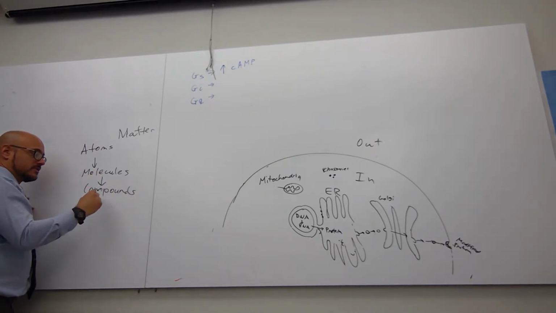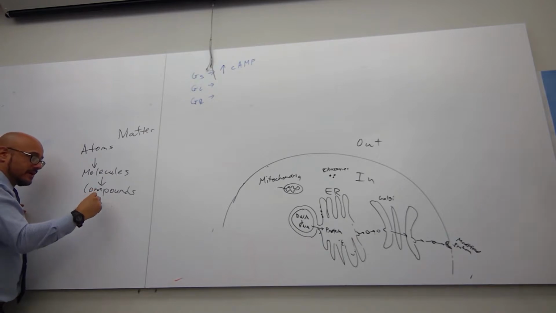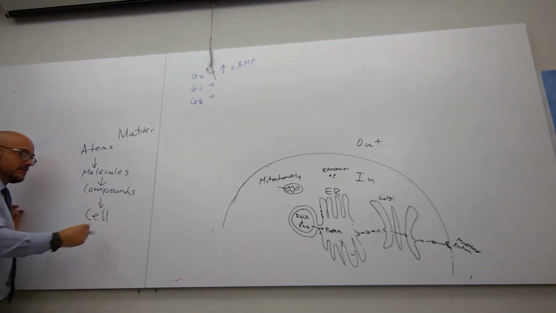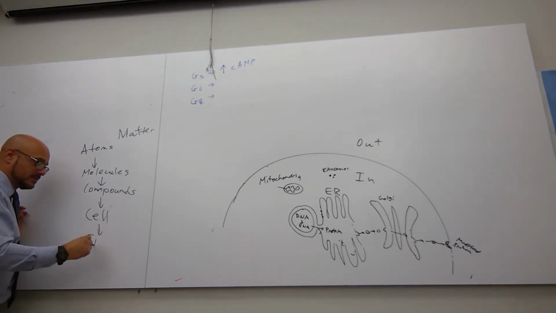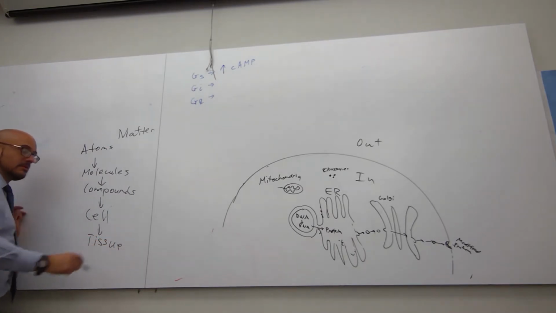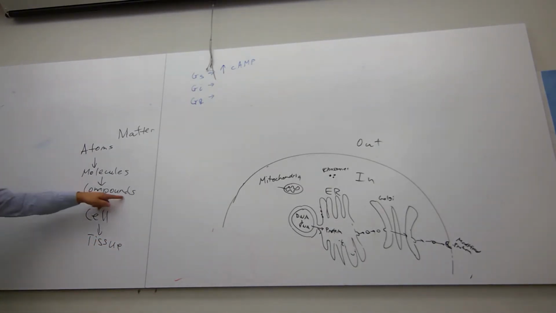And with those molecules and compounds, finally I can make a cell. And then from cells I can make tissue. Guys, you see that word compound? What's protein? A complex compound. It can be quite a complex compound.